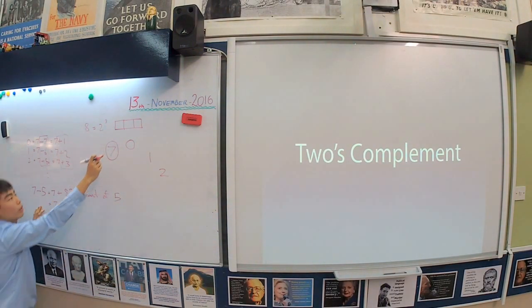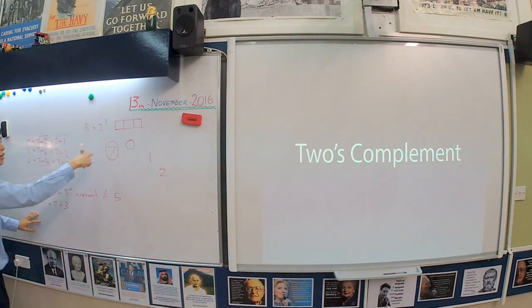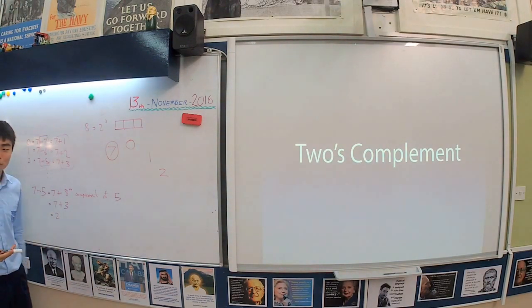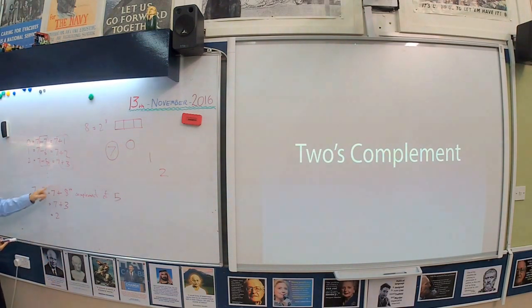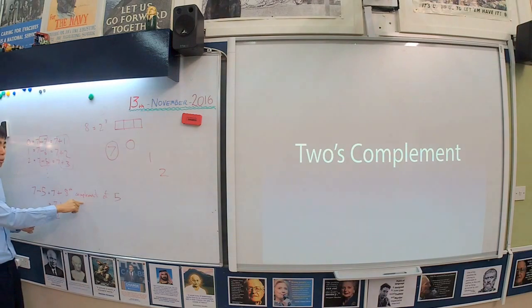And as we know, we go from 7 to 1 to 3. Because of the wraparound effect, instead of going on to 8, 9, and 10, it goes back to 0, 1, 2, which gives us the correct answer. That's how, when computers use a 2's complement system, they minus numbers by adding numbers. They work out the complement of that number. If we're using 4 bits, that would become the 16th complement of whatever number you're trying to minus.